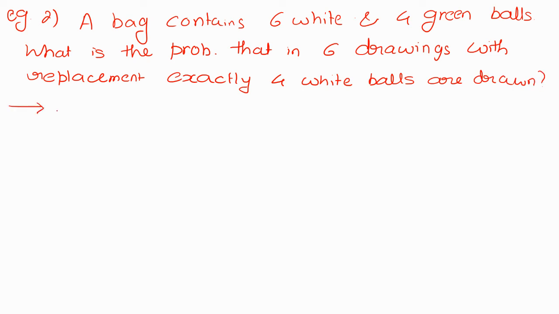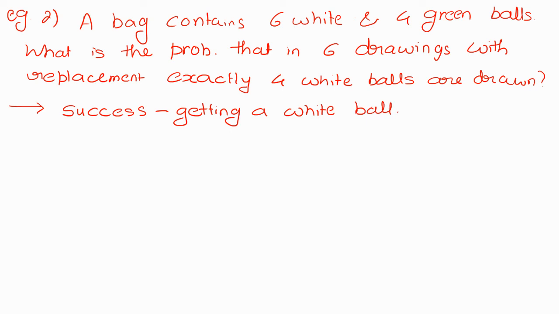Okay, now for solving this, you need a knowledge of probabilities also properly. Now see, the question is about drawing 4 white balls or getting 4 white balls. So my success is getting a white ball.